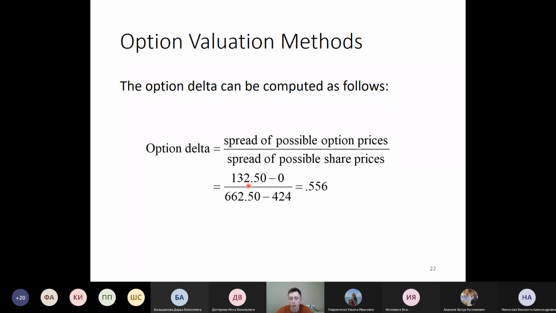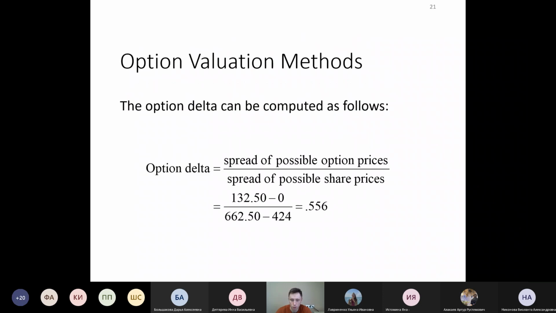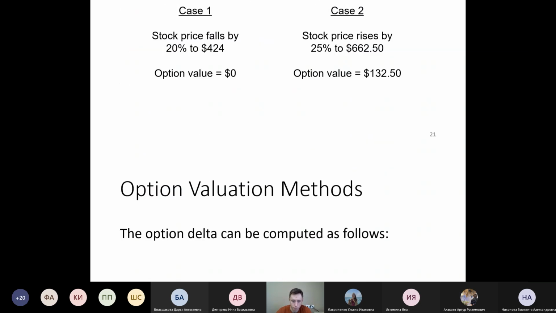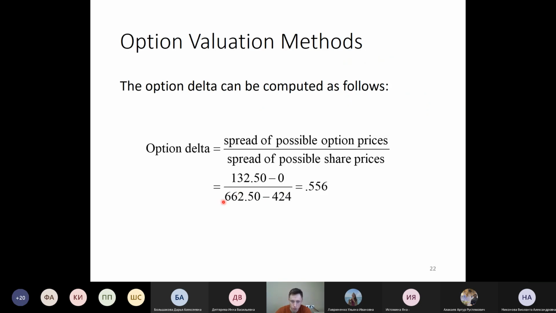So option price is either 132.5 or 0. We saw it here. This price or this price. And asset price is this one or this one.